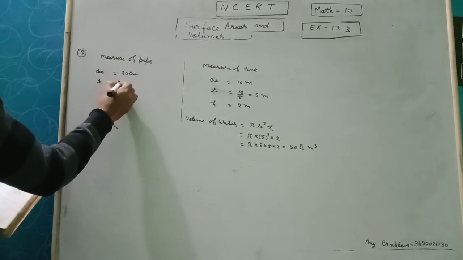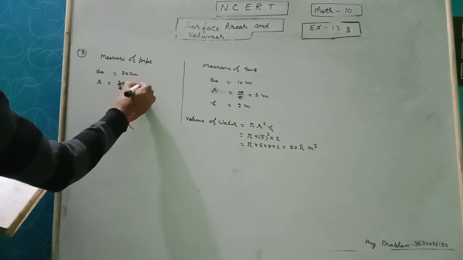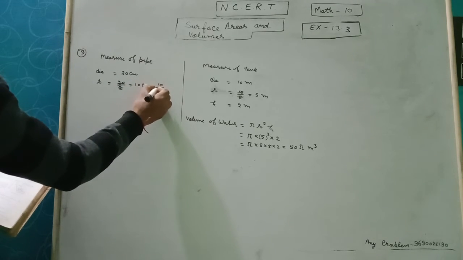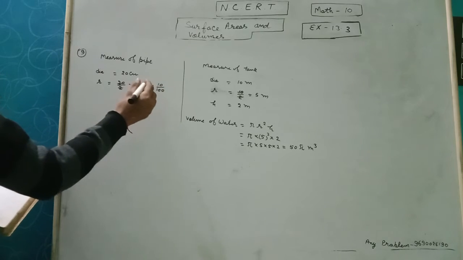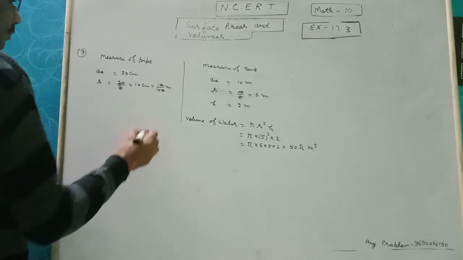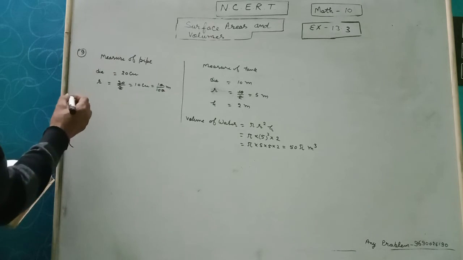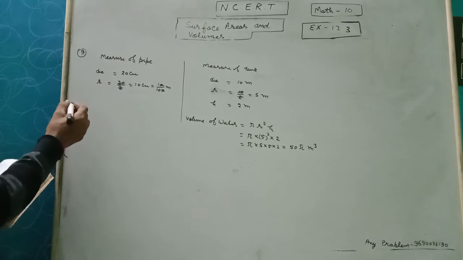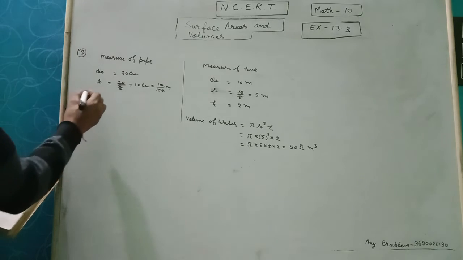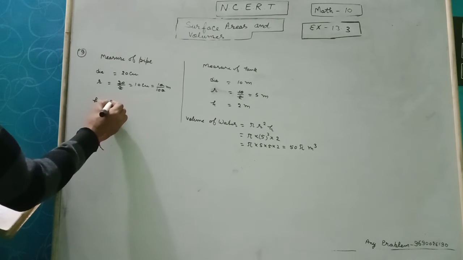Radius will be 20 upon 2, which is 10 cm, which is 10 upon 100 meter, that is 1 upon 10. Through the pipe, the rate will be 3 km per hour.